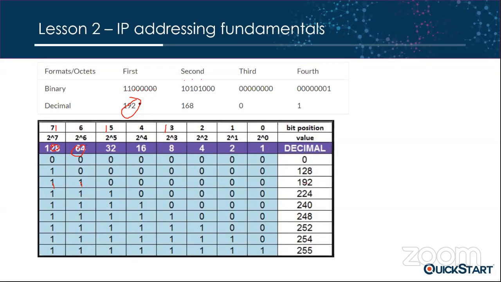That's the kind of question that comes in a CCNA exam. So it might be very helpful if you make this chart, and in your exam you have to know how decimal and binary work. So that is all about IP addressing here.